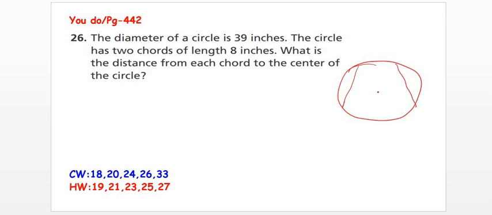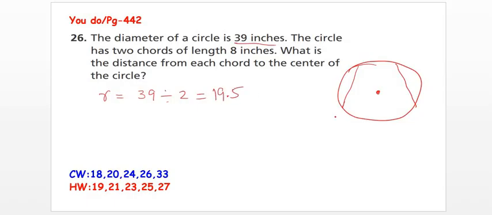What is the diameter? The diameter of the circle is 39 inches. So what will be the radius of the circle? To get the radius, we always take the half of the diameter. What is half of 39? It's 19.5, so let's write 19.5 over here.